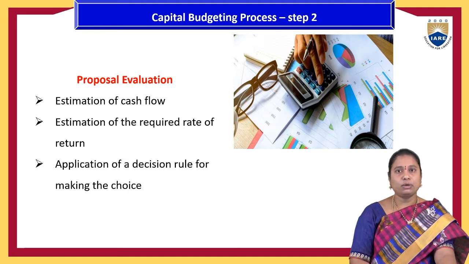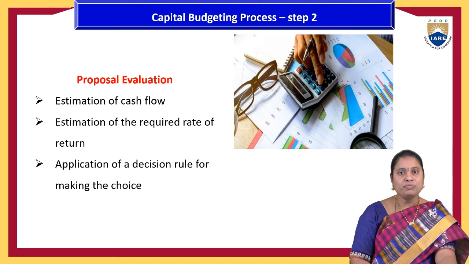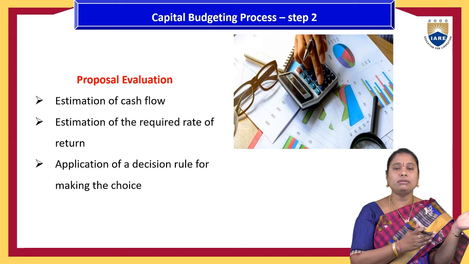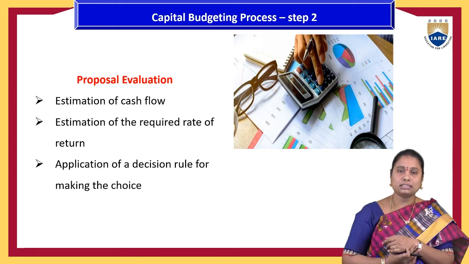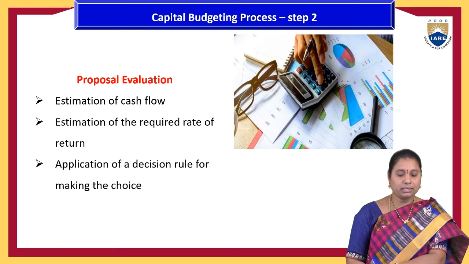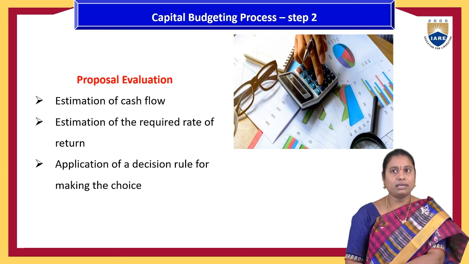And estimation of the required rate of return, that is, at what rate they have to get the returns. If they get a 50% rate of return, then only is that proposal acceptable. The decision rule, on which basis they are making that decision, everything has to be taken care of under this proposal evaluation on a calculation basis.